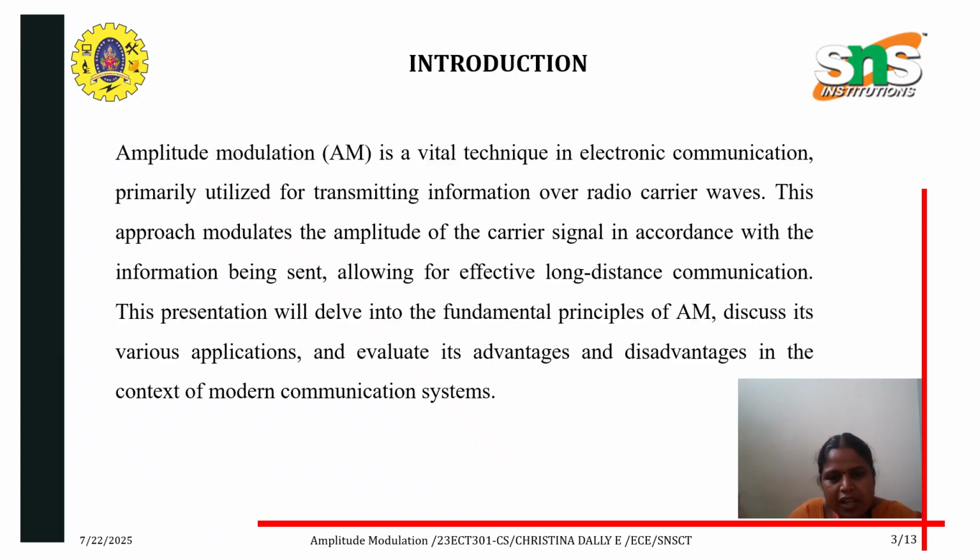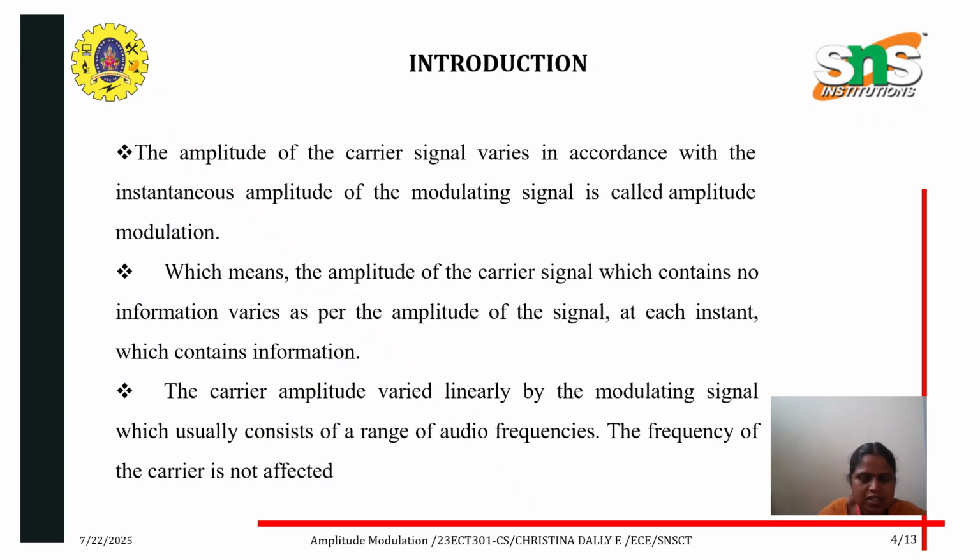It can be utilized for transmitting information, and it modulates the amplitude of the carrier signal in accordance with the information, and it also allows long distance communications. We are going to discuss the various applications, advantages and disadvantages in the modern communication system.